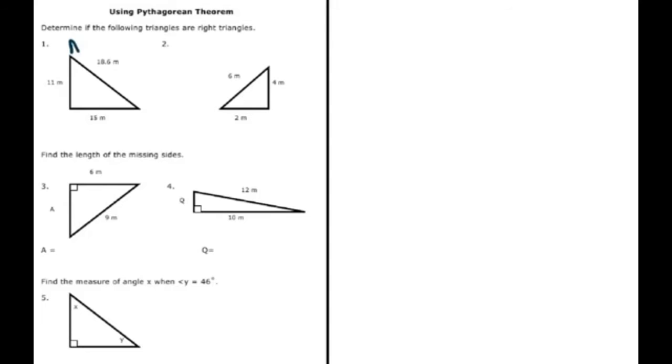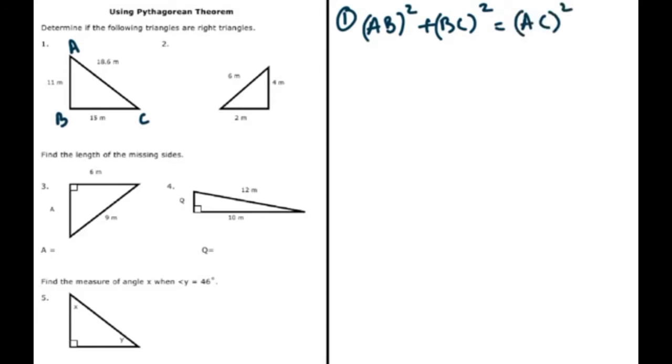Let us mark its vertices as A, B, C. So in question 1, if ABC is a right angle triangle, it is going to satisfy the Pythagoras theorem. That is, in that case, AB square plus BC square should be equal to AC square. If this is true, then the given triangle is a right angle triangle.